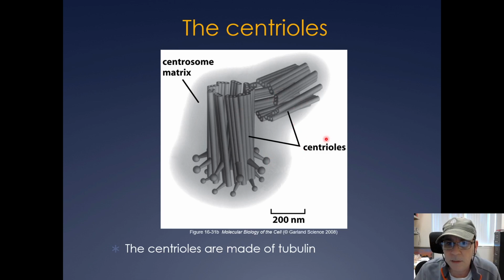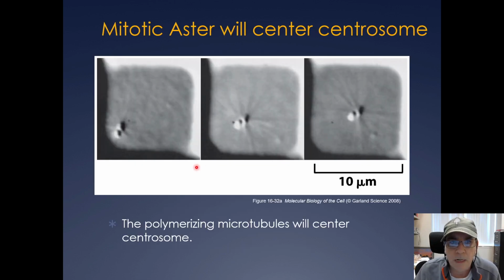And so it turns out that if you actually take a mitotic aster and you put it in a gel matrix, it's always going to migrate to the center, right? That's how it got its name, the centrosome. So here you can see a time-lapse video of the centrosome, and eventually it's going to move into the center of this matrix here, because the microtubules will grow in equal lengths throughout and attach it to the end.